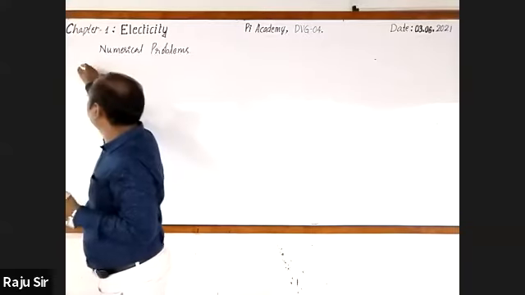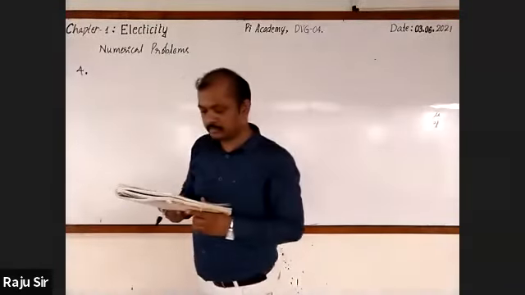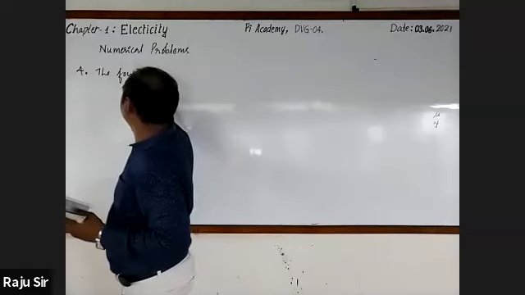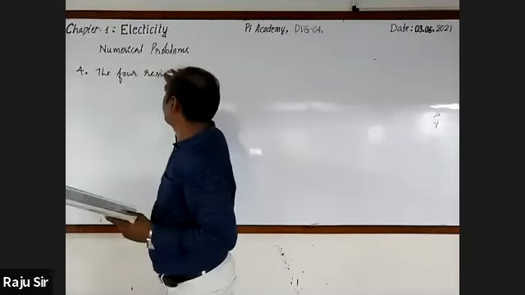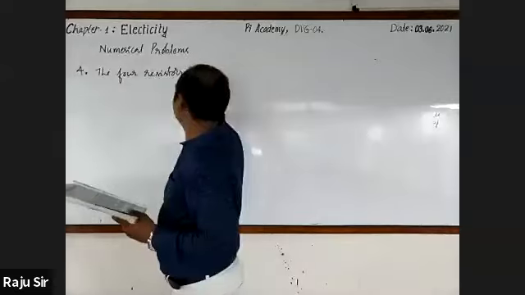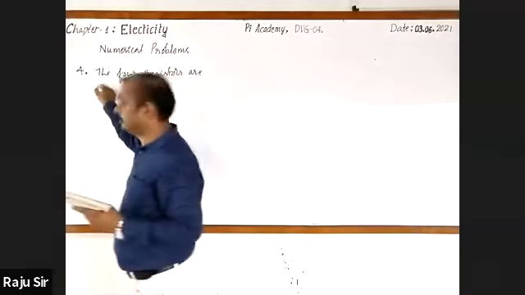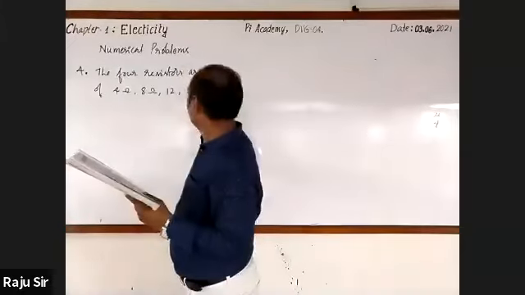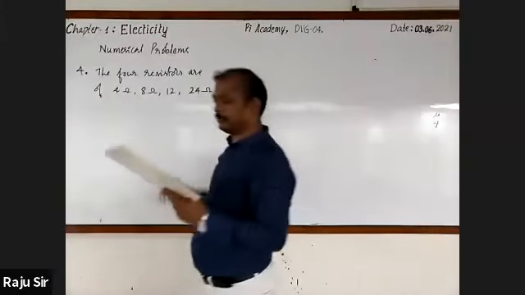It is the 6th question. The 4 resistors are of 4 ohm, 8 ohm, 12 ohm and 24 ohm.